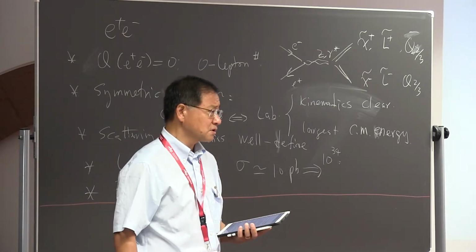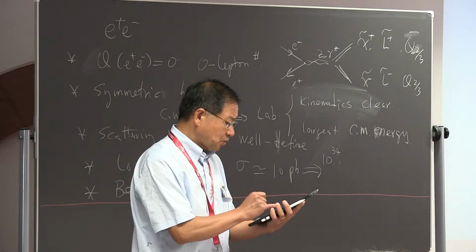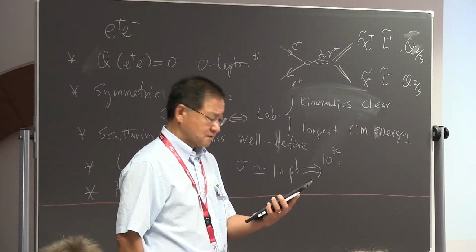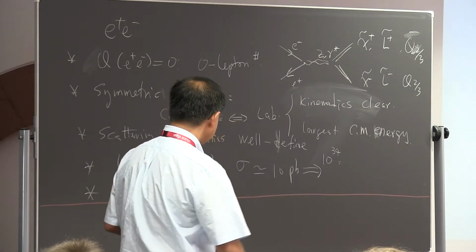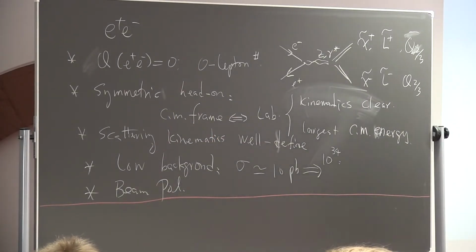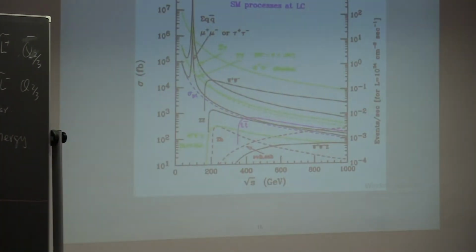So you want to explore the new physics in electroweak theory. So the beam polarization fits our physical interaction scenario. So that's a major advantage here. You may not appreciate this, but you would appreciate it when I come to the Hadron Collider aspect to compare. So that's a major advantage.